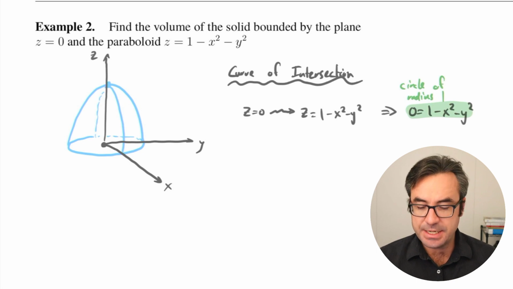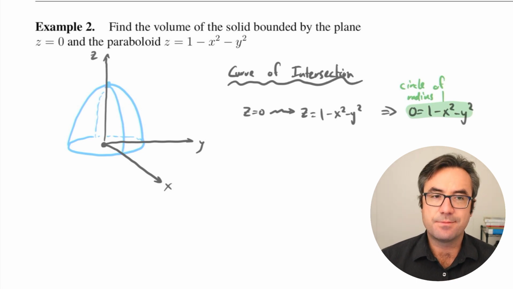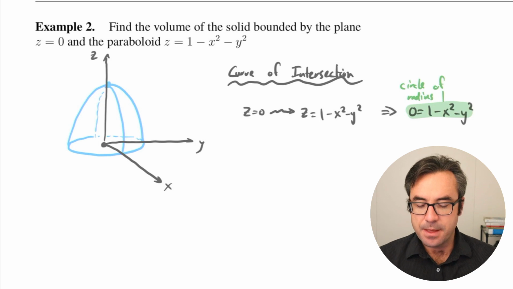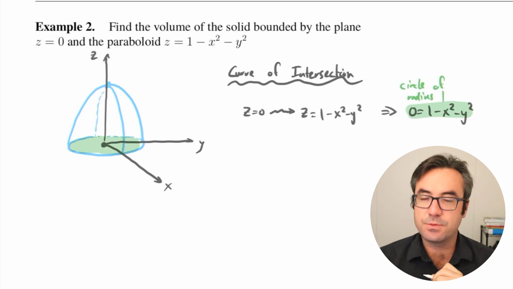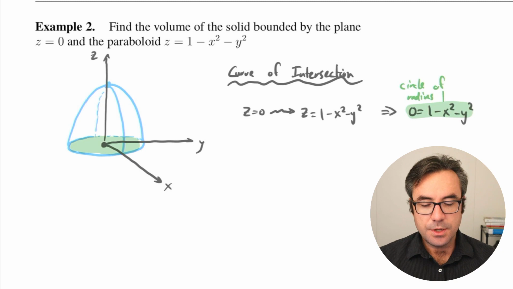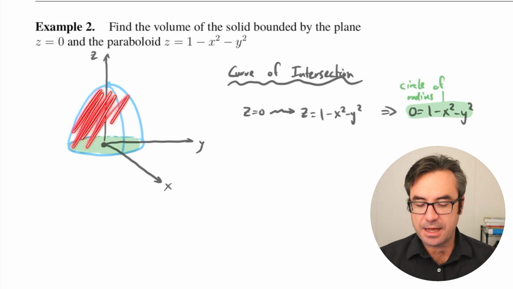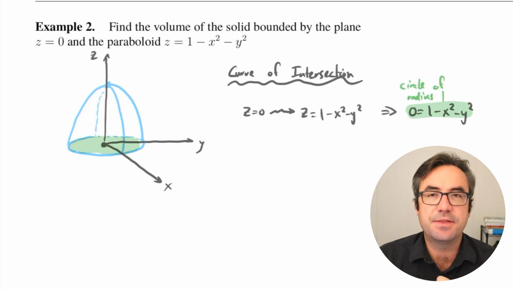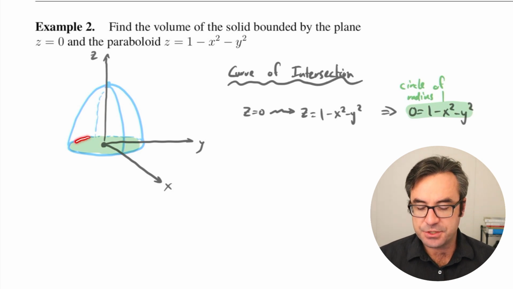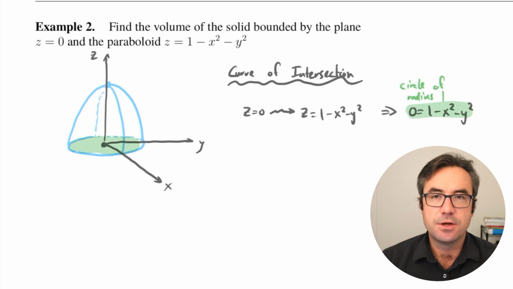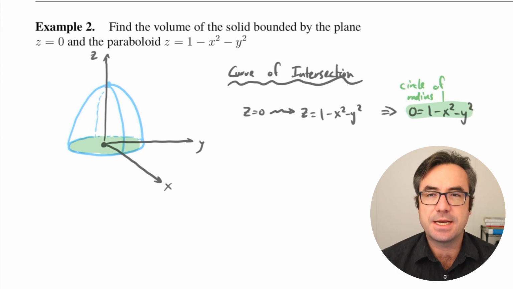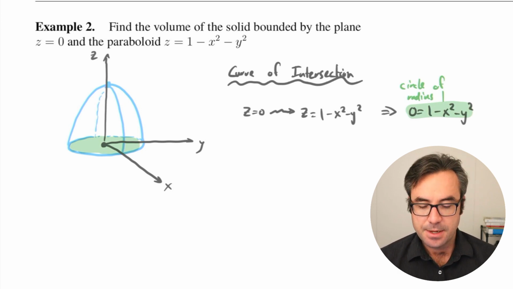And so our region D, or our region R, whatever we want to call it, that we're going to be integrating over is this circular section of the xy plane. So our solid here is everything contained inside this paraboloid, and this circle on the xy plane is like the shadow of that solid projected down onto the xy plane.